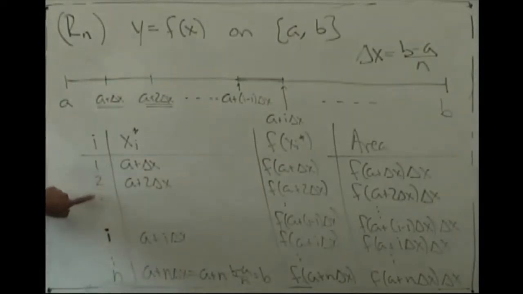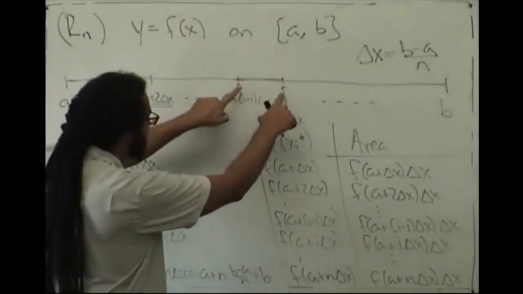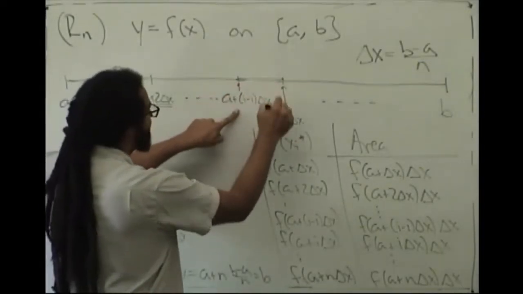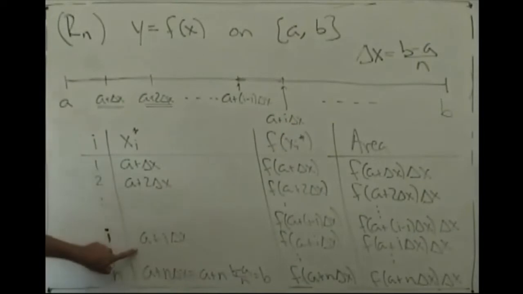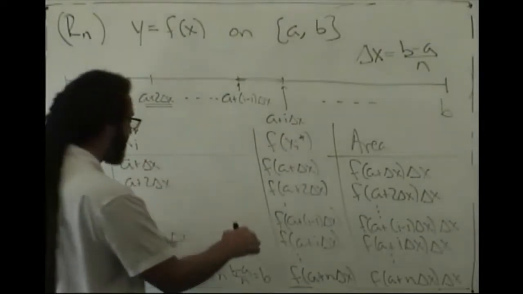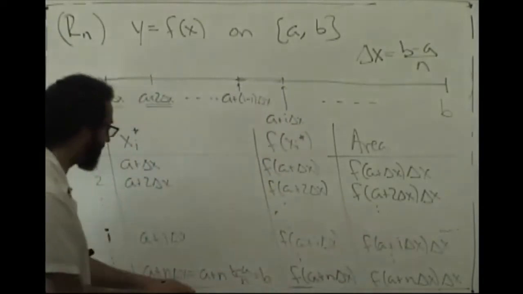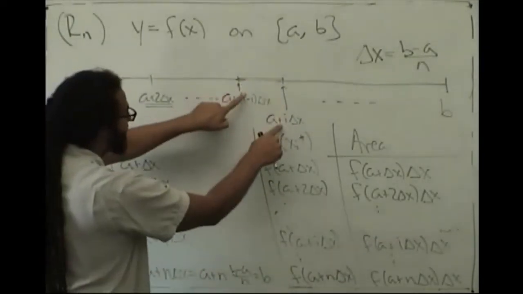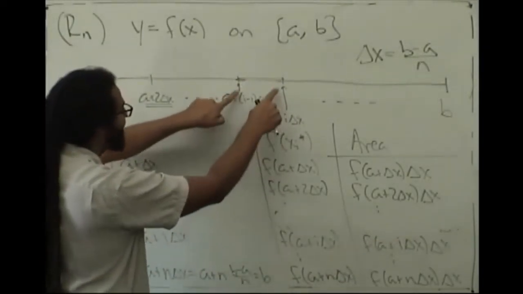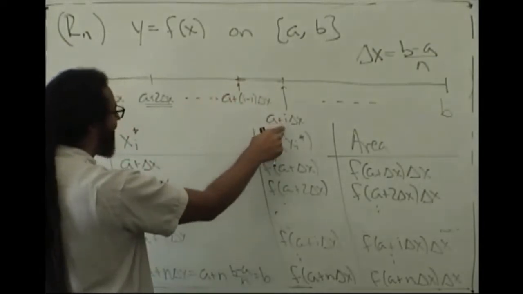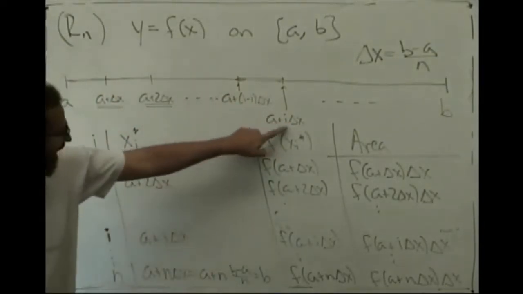Okay, so when I get to the ith subinterval, its right endpoint is a plus i times delta x. And so I'm using the right endpoint to obtain the height of the ith rectangle, which is a plus i delta x.